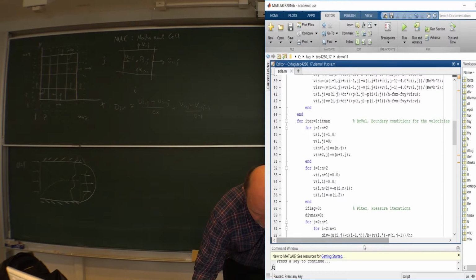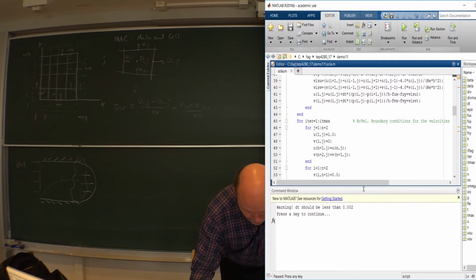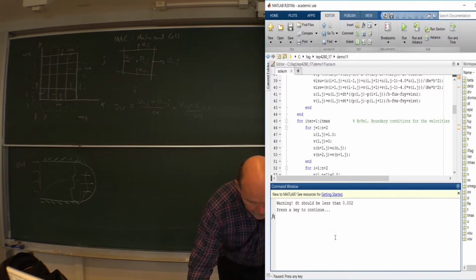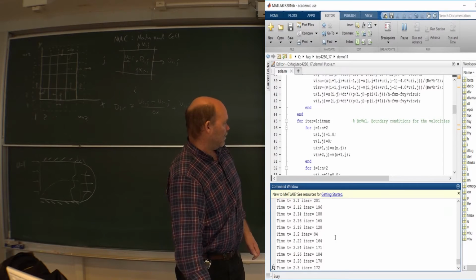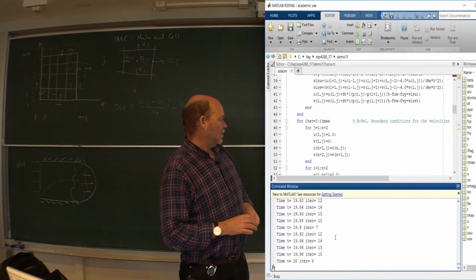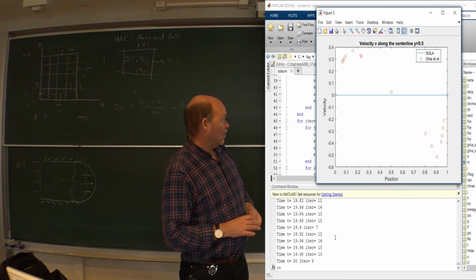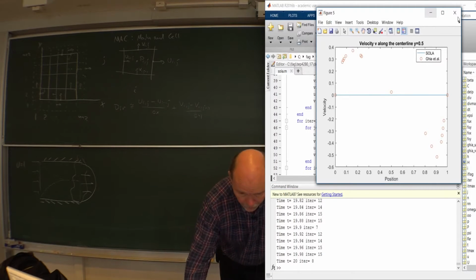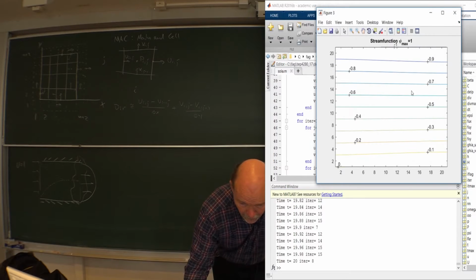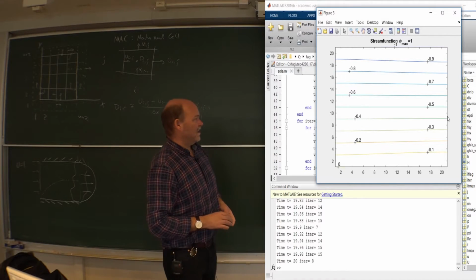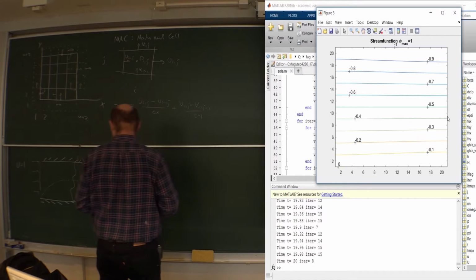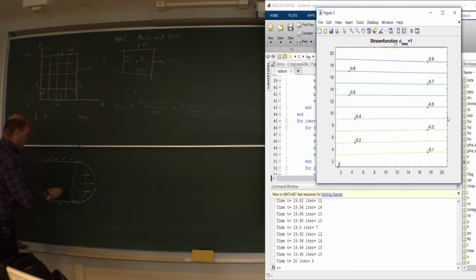We hit run and then I get a warning. Delta t should be smaller than, I don't care, I run anyway. Yeah, it seems to be running. Now, these graphs are of course nonsense. The stream function, that's not what I hoped for.